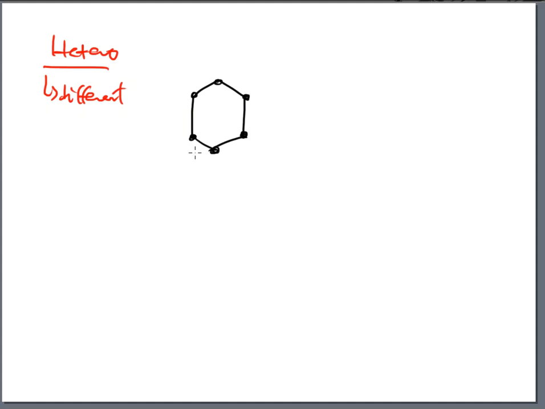This ring system means that one of these carbons, or maybe more than one, is going to be substituted for a different type of atom. So it's not carbon all the way around anymore. One of these carbons could be a nitrogen, or a different atom that we commonly find in a ring system.